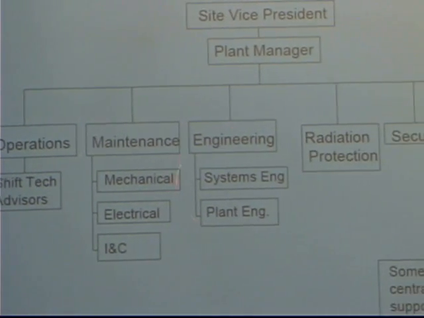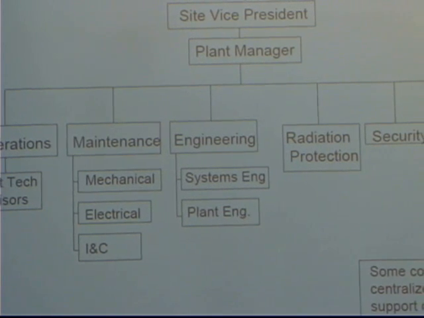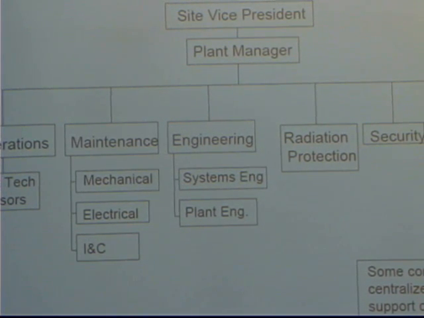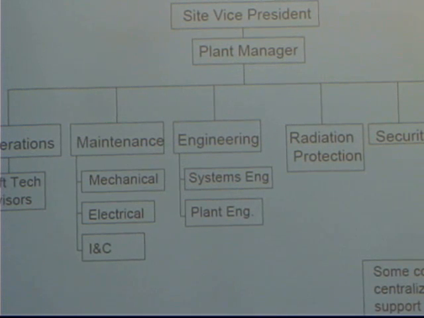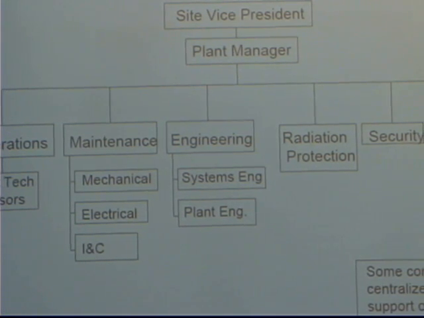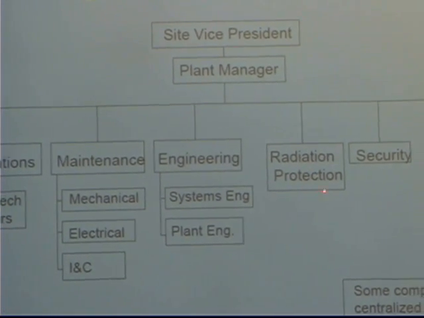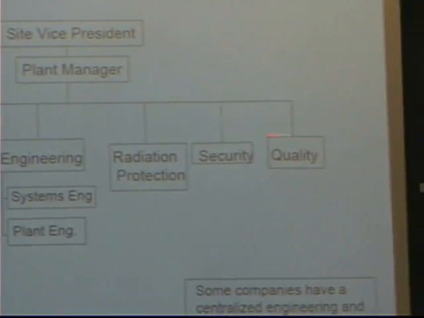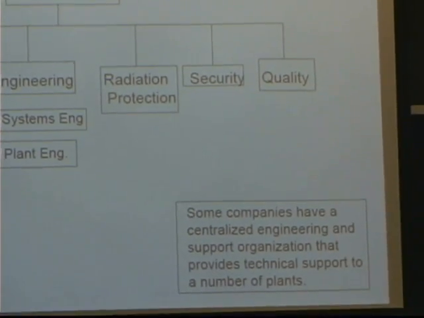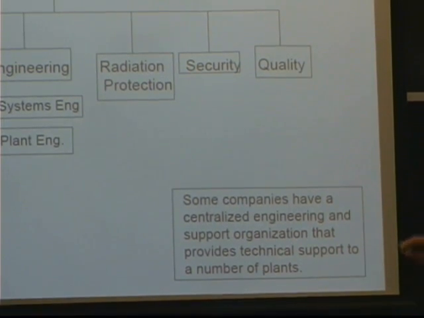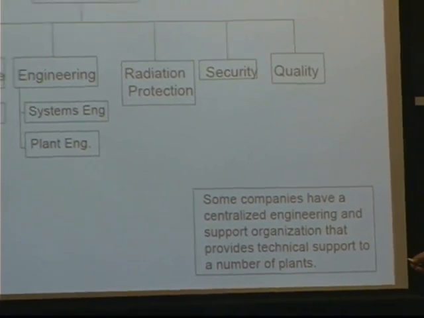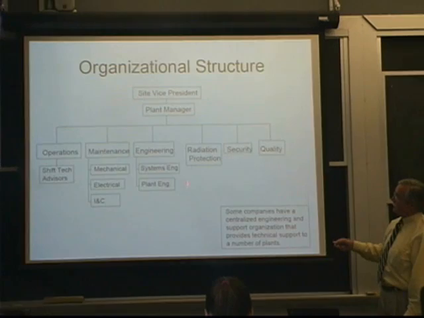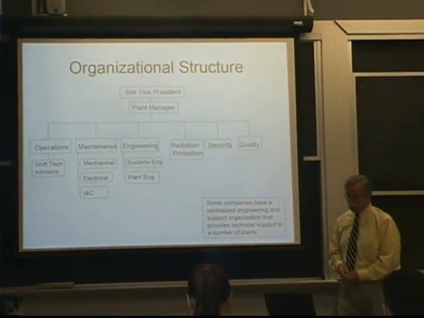Of course, some reactors have large engineering staffs at sites. Some have centralized engineering at various locations. Radiation protection group, security, and a quality assurance group. So depending upon how the company wants to organize itself, there are very clear responsibilities. Engineering, as I said, may be centralized.